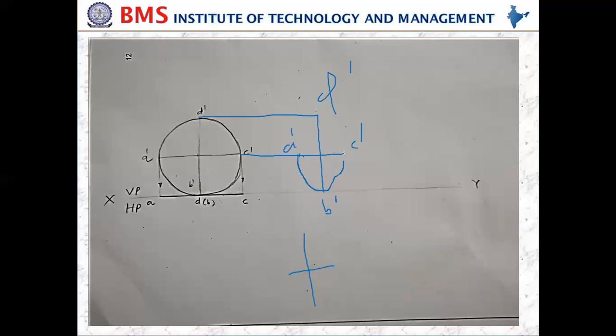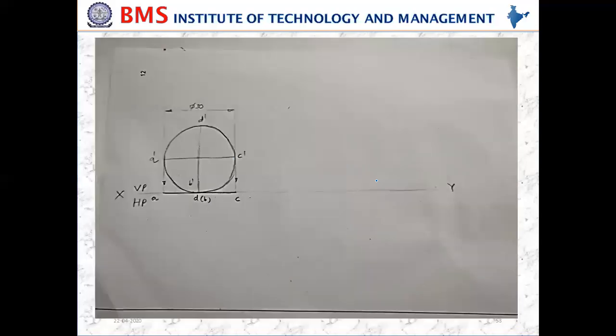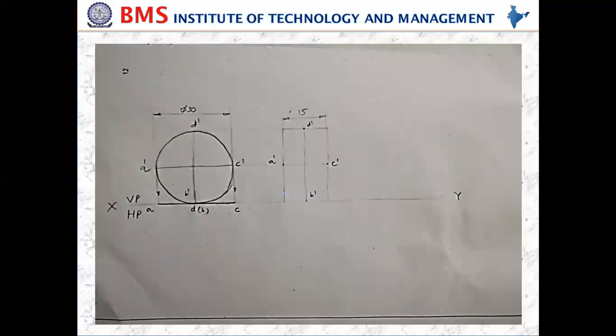So join by a smooth curve and get the ellipse. By taking the 30 mm diameter as the vertical line and 15 mm as the horizontal line, as the major and minor axis, draw the ellipse.